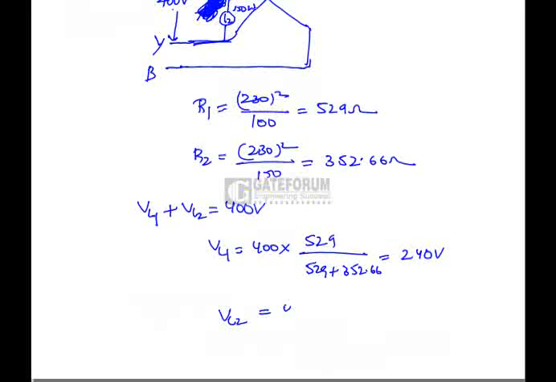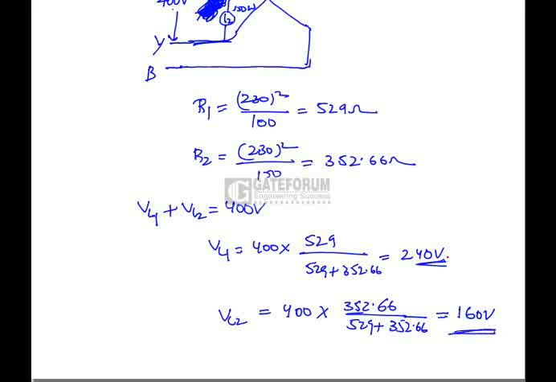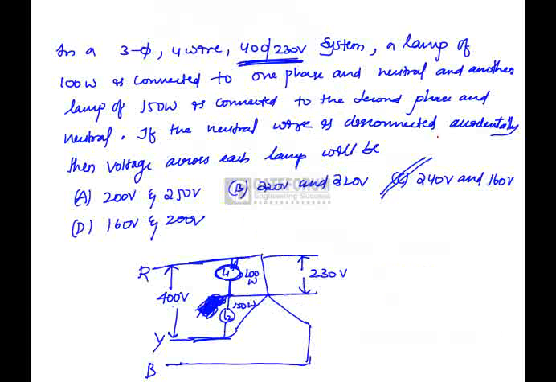Similarly, VL2 is 400 times 352.66 by 529 plus 352.66, which is equal to 160 volts. So option C is the correct answer.